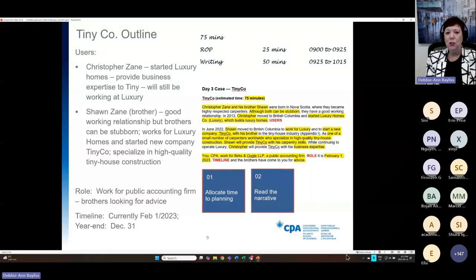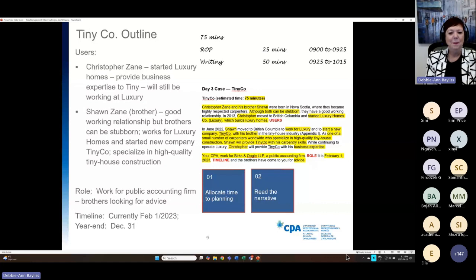So I'm going to put 25 minutes for reading, outlining, and planning. So start time 9 o'clock, going through till 9:25. The remaining time is going to be for writing my response, so turning that outline into my response. I'm going to break that time down a little into smaller pieces once I know what the requireds are.